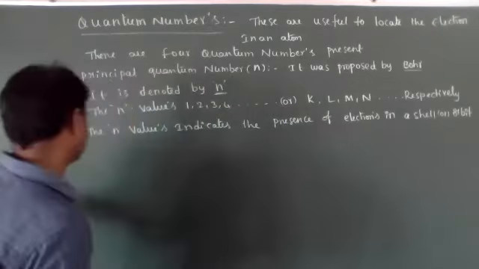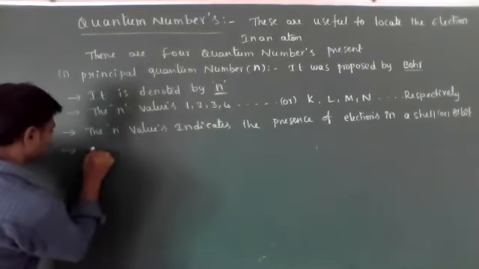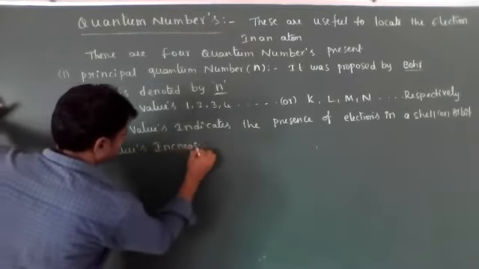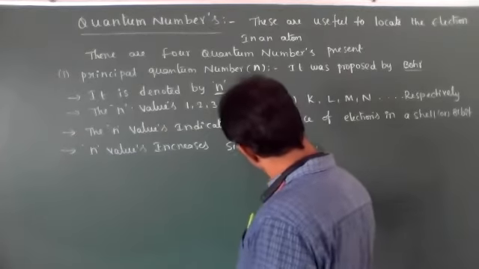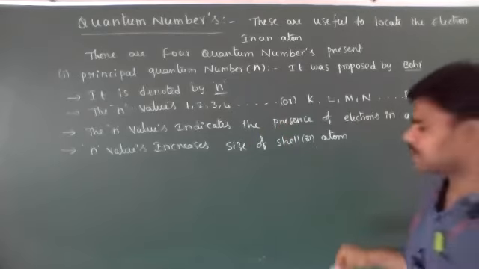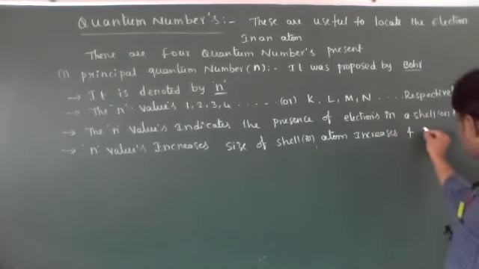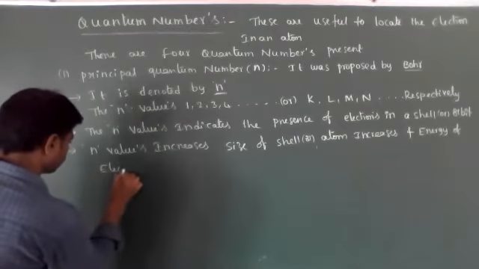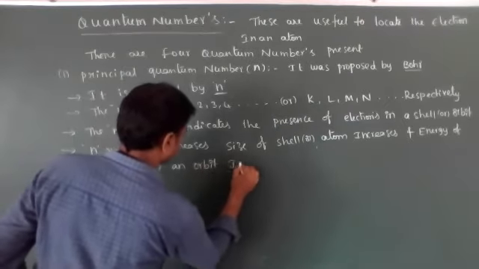The next important point is that as the n value increases, the size of the shell or atom increases, and the energy of the electron in an orbit increases.